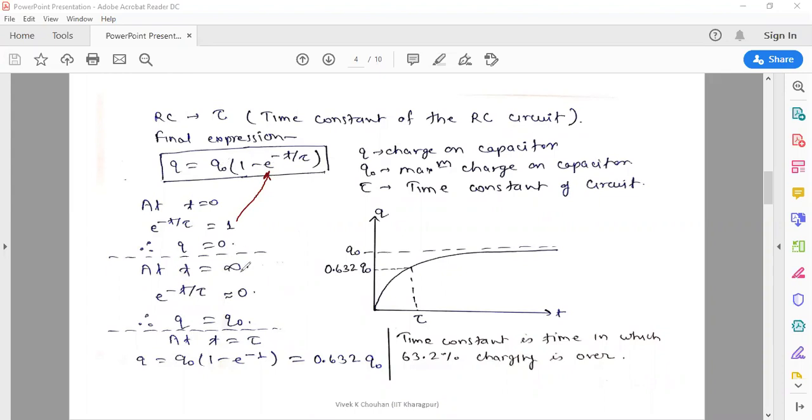Okay. Now next is what will happen at t equals infinity. First of all, t equals infinity is called the steady state. This is called the steady state of the capacitor circuit.